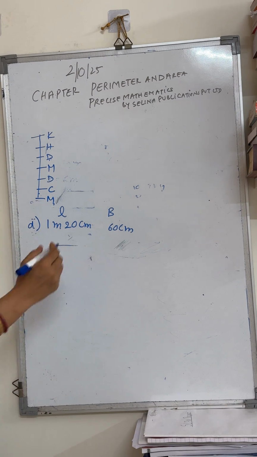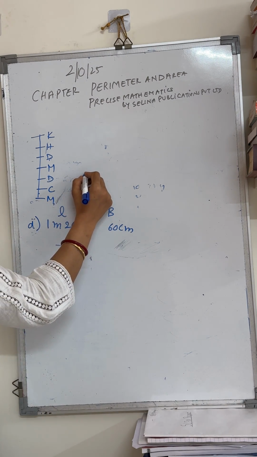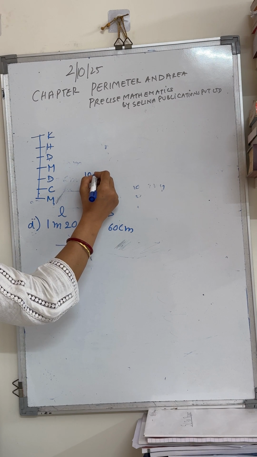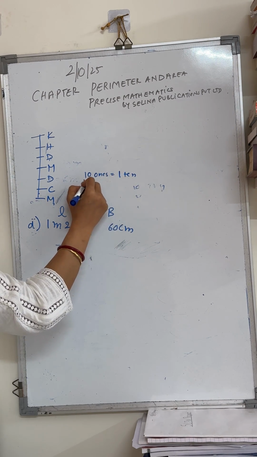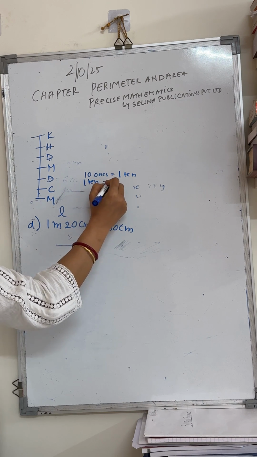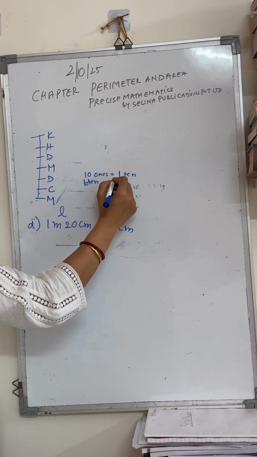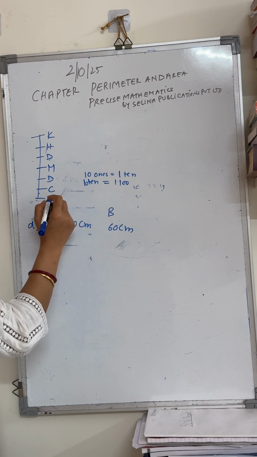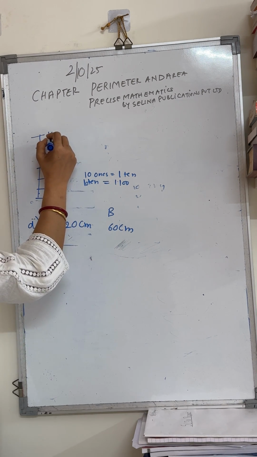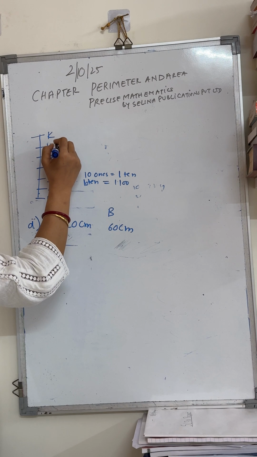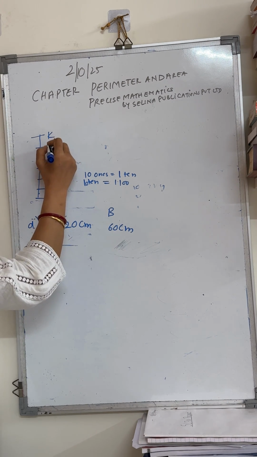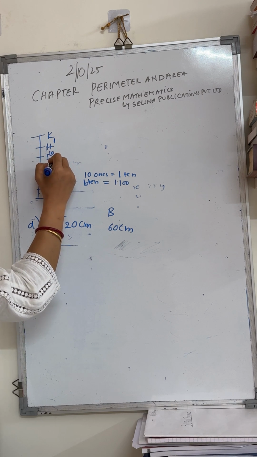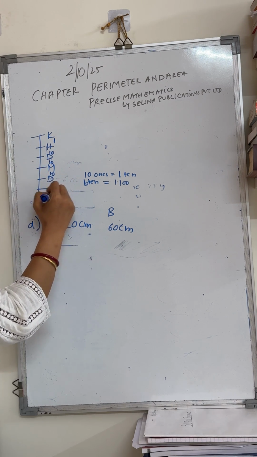Actually you must have read that 10 ones make 10, 10 tens make 100. In the same way, here 10 hectometers make 1 kilometer. So there is a difference of 10, 10, 10, 10, 10.